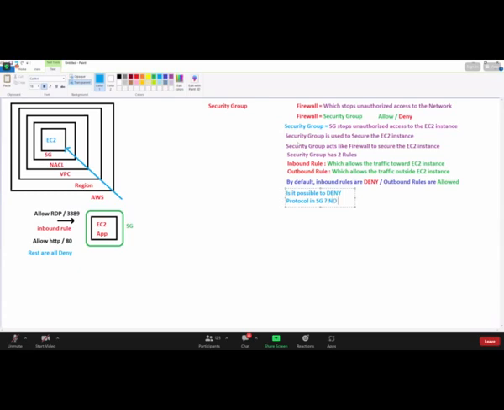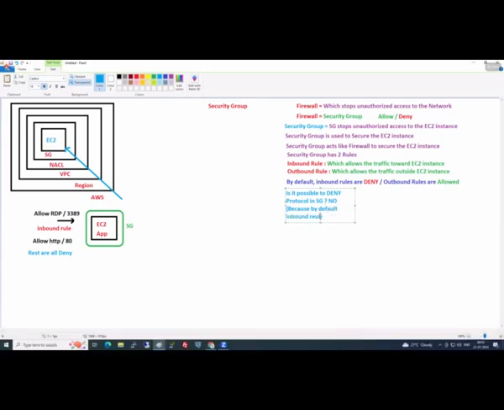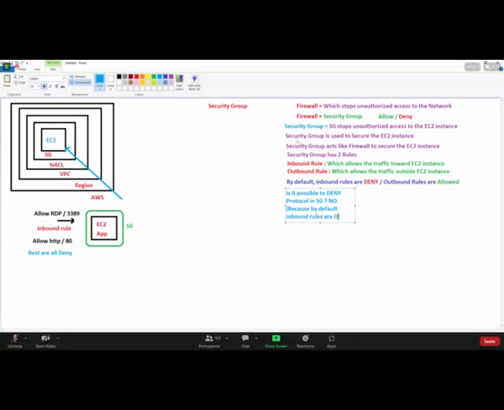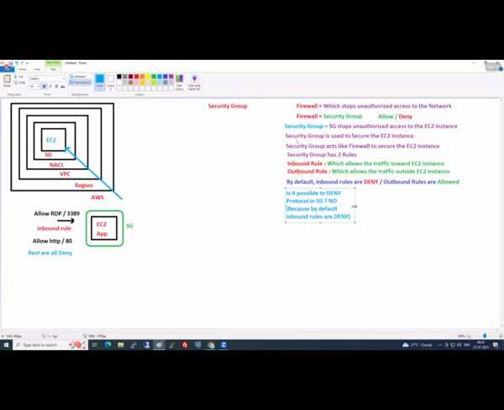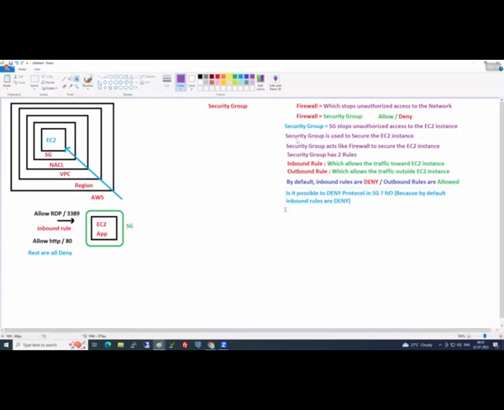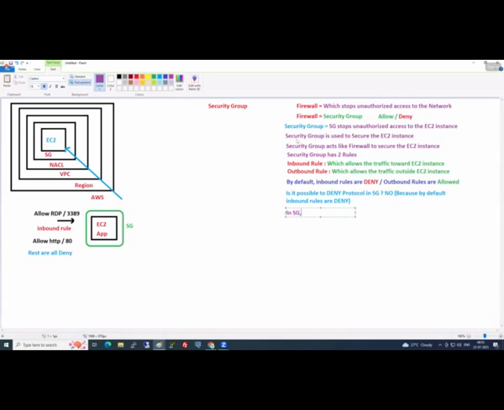Answer is no, because by default inbound rules are denied. In security group, you can only allow protocols, not deny.